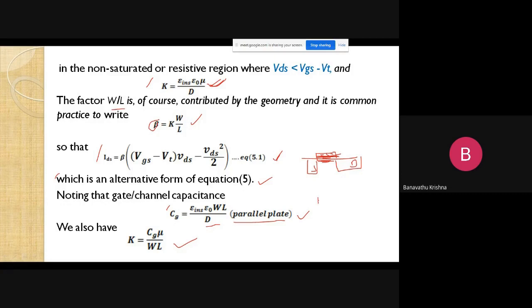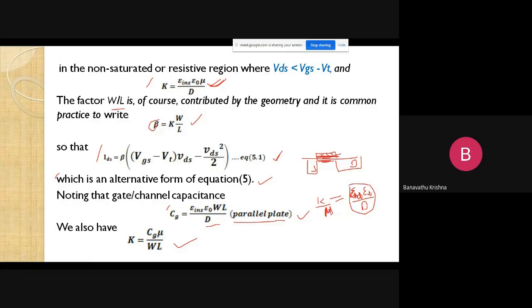Instead of the term epsilon insulation, epsilon naught by D, we can write K by mu.